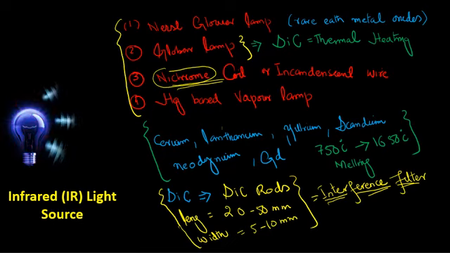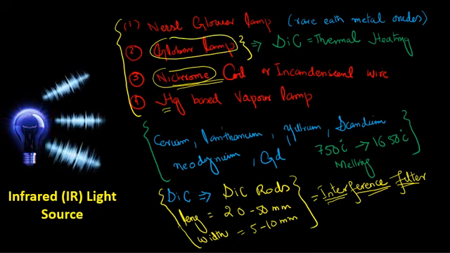Apart from this, mercury vapor lamps are also used in IR spectroscopes. But keep in mind, dear student, nowadays the most common are globar lamps based on silicon carbide in infrared spectroscopes.